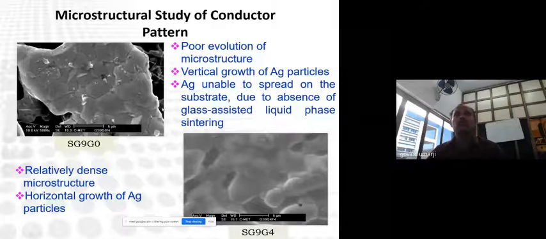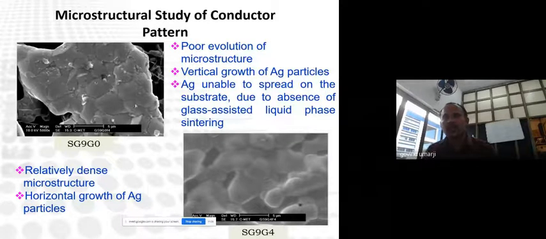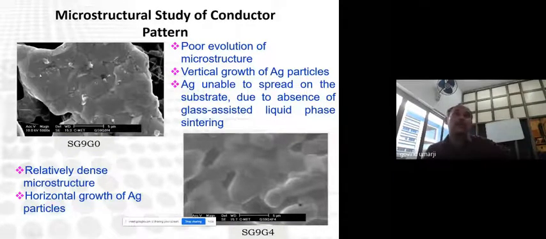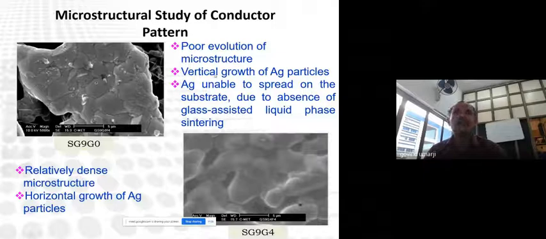So we have gone through the high resolution scanning electron microscope study and the cross section of that pattern. What we observed is that in the case of 0% glass-containing powder, there is a poor evolution of the microstructure, because there is no glass, so the silver nanoparticles cannot float or make a good growth.